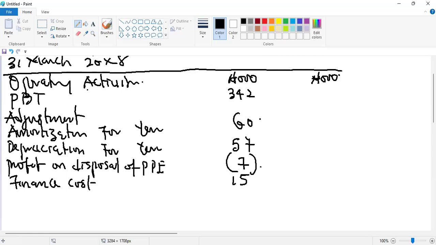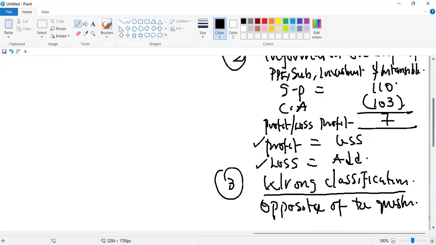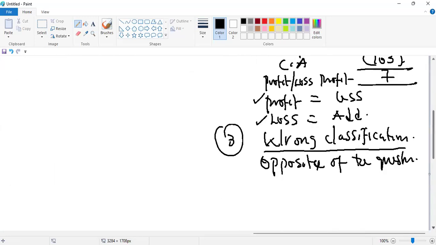Opposite of the question. Just go to the template. Now, it means if it is expenses, I will add back the expenses.